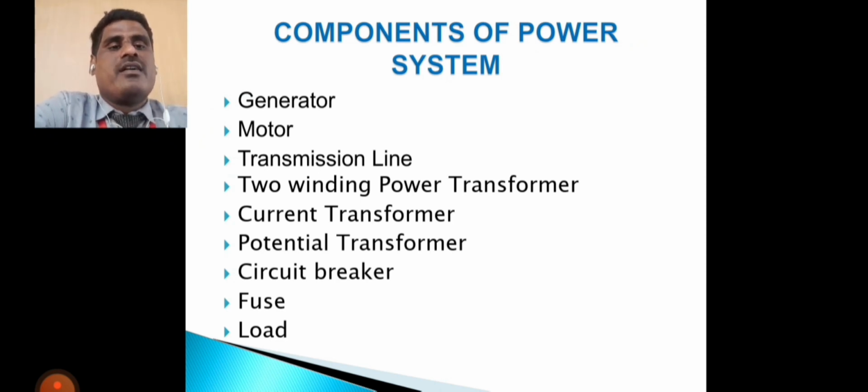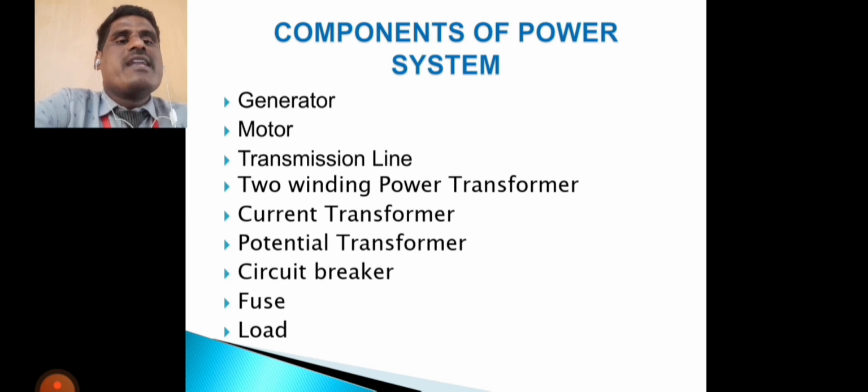What is the meaning of two winding power transformer? The two windings represent one primary winding and the second one secondary winding. What is the use of transformer? Transformer is nothing but the energy can be transferred from one station to another station, or from one place to another place. So the transformer definition is energy transfer is made.